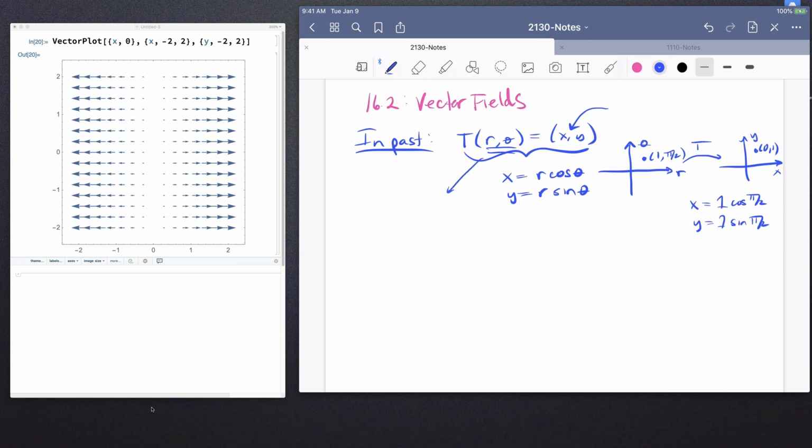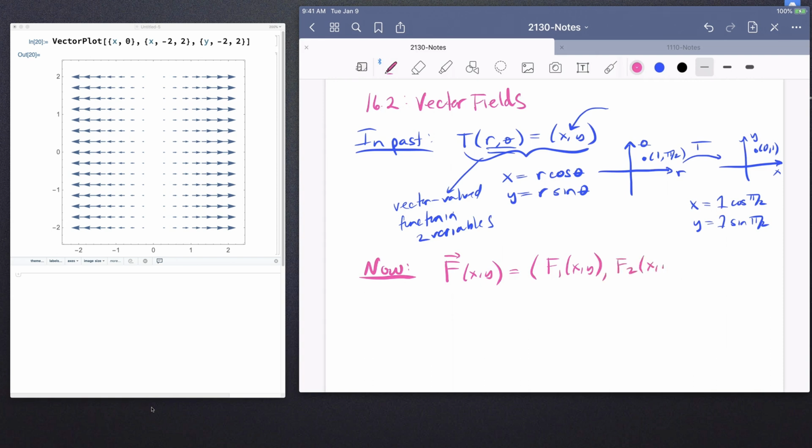We've looked at a vector valued function in two variables. Okay, now we're going to look at vector valued functions in two variables, but we're going to reinterpret them. A vector field: we're going to now consider functions denoted F with an arrow over them of x comma y, and there will be two entries to these.